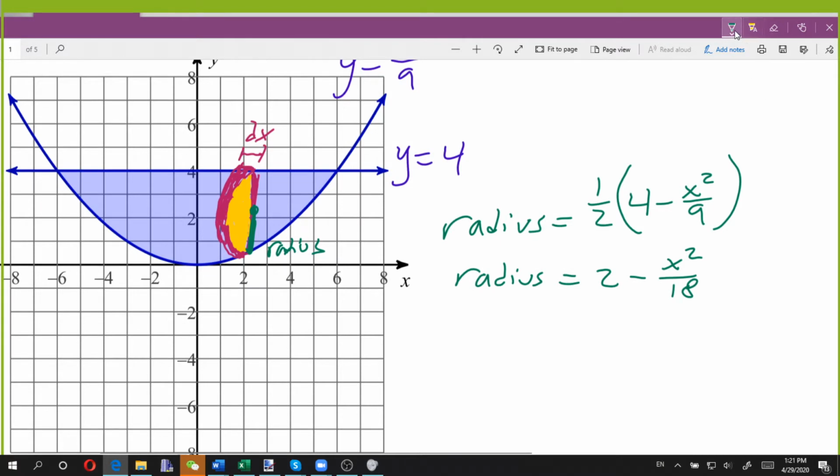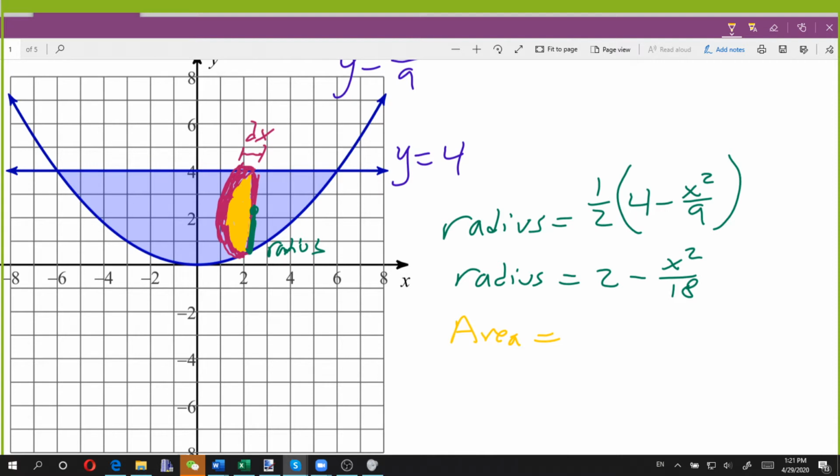Okay, then if I want to make that an area, jumping over to Kyle. Kyle, if I want this to be an area, what would the area of my semicircle be? Area is pi r squared, right?